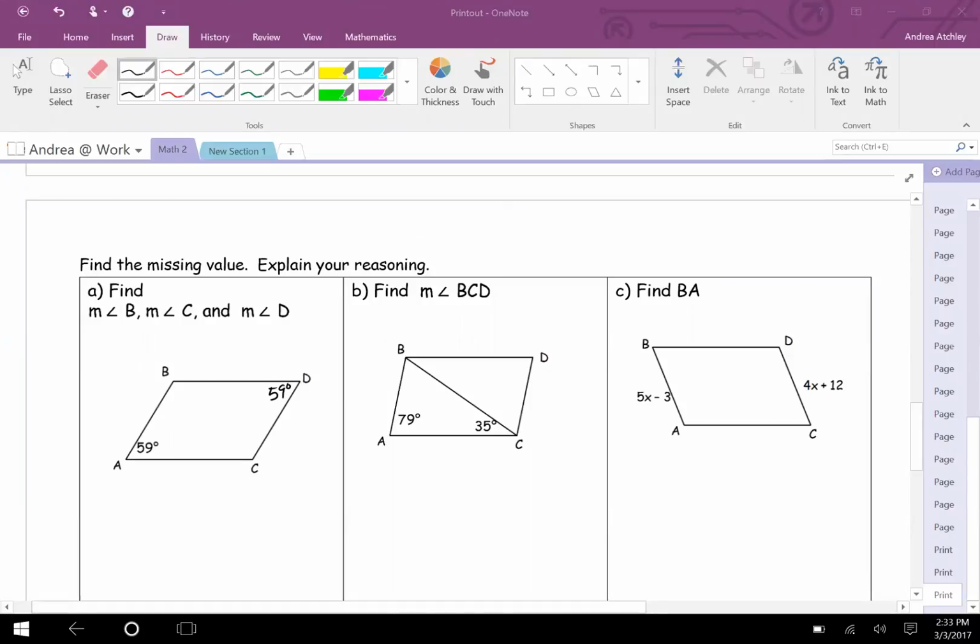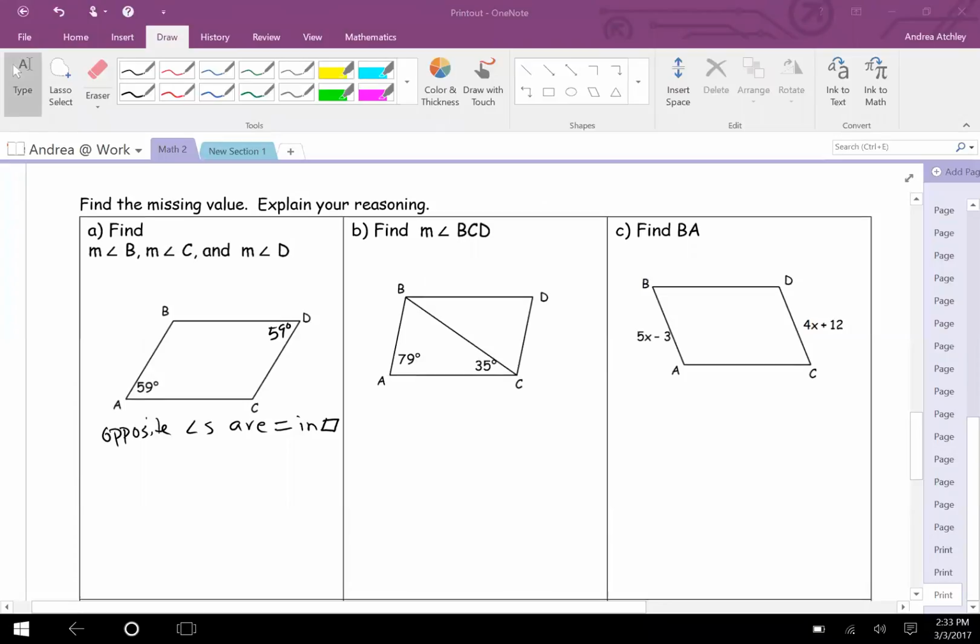So those are opposite angles, or congruent. Write it down. In parallelogram, opposite angles are congruent in parallelogram.